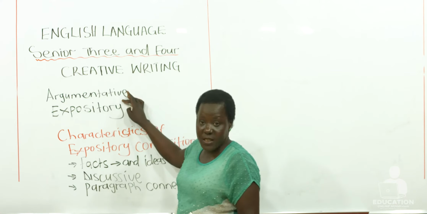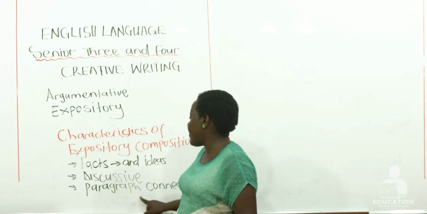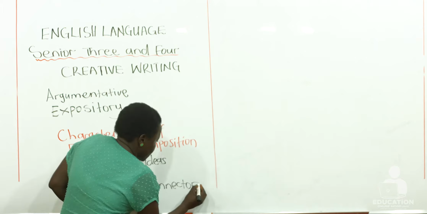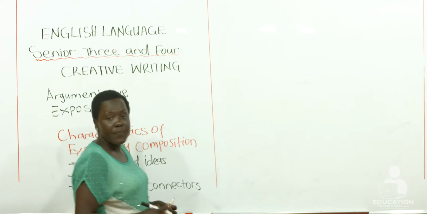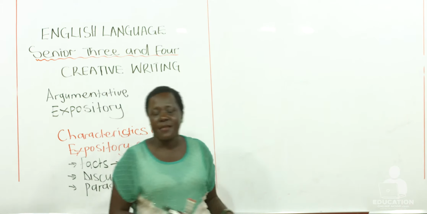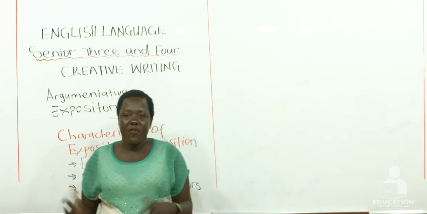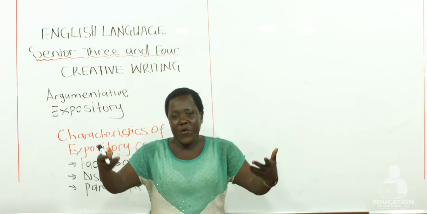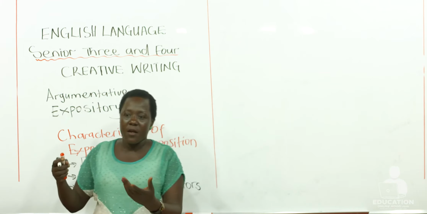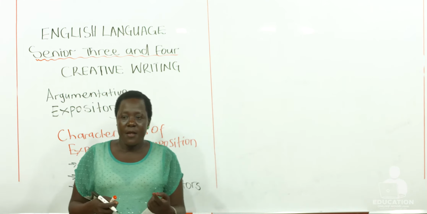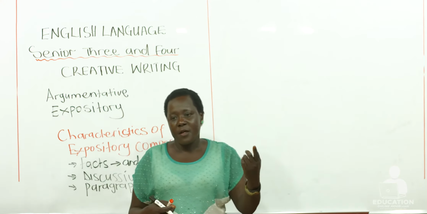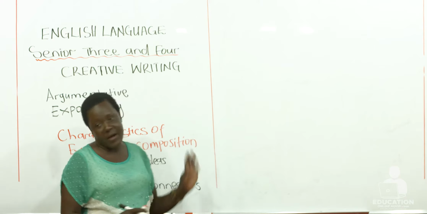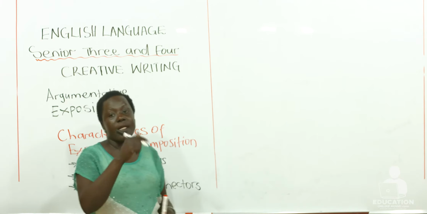Because even argumentative, we stated clearly that it uses paragraph connectors like not only, more still, additionally, furthermore, to mention but a few, in a nutshell, firstly, secondly, not forgetting, therefore. Those are what we call paragraph connectors. So you have to connect the ideas.